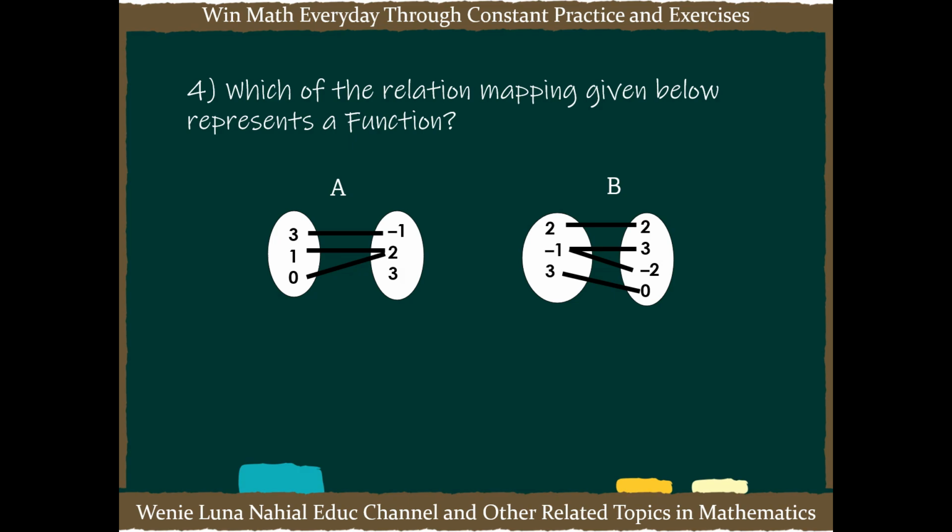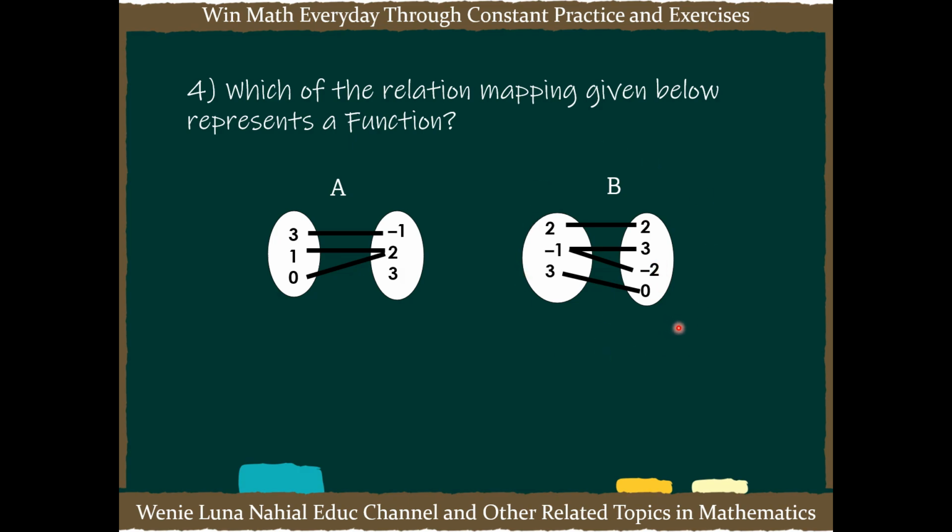Okay, in this illustration, we have here A, then B. We have to determine which of the mappings here represents a function. For choice B, we can see that -1 is associated to two different numbers here, 3 and -2.